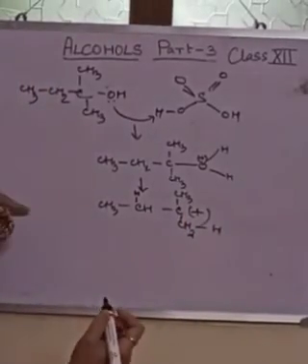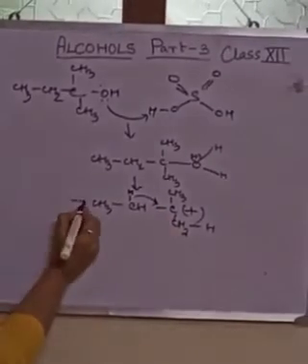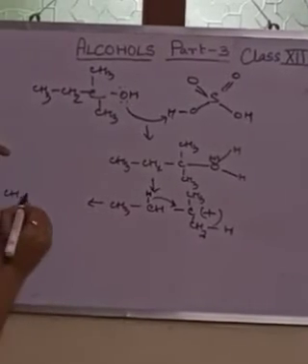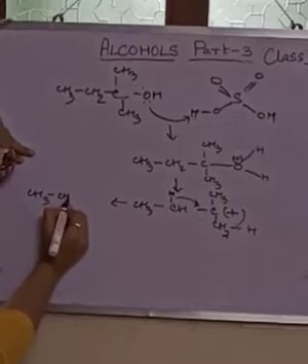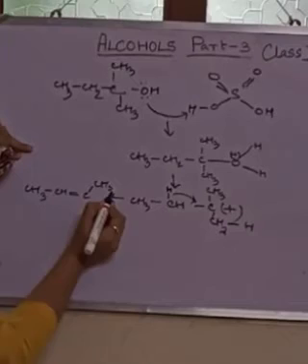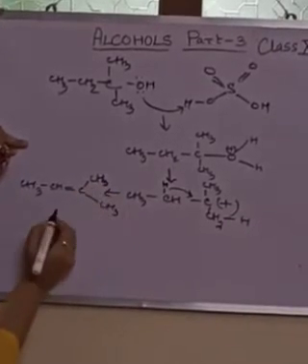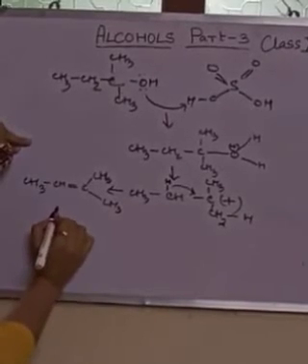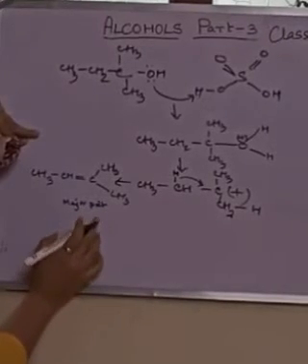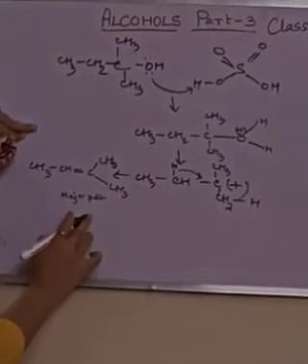Now if this alkene is formed, then this is the most substituted alkene and this will be the major product, or we can call this as Saytzeff product. This is the more substituted alkene.